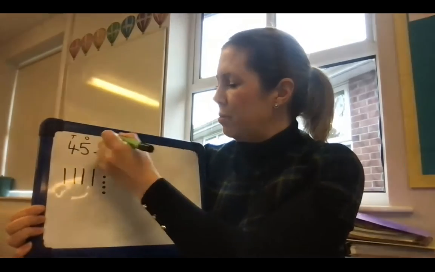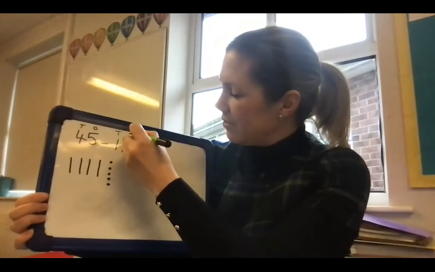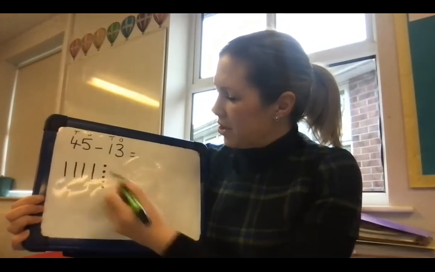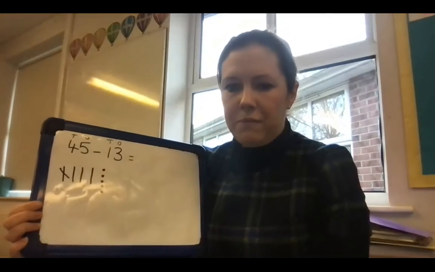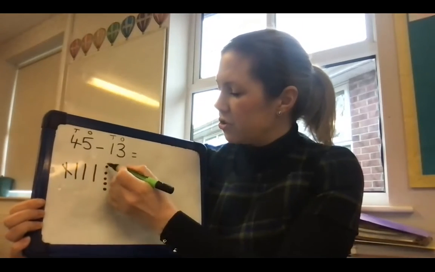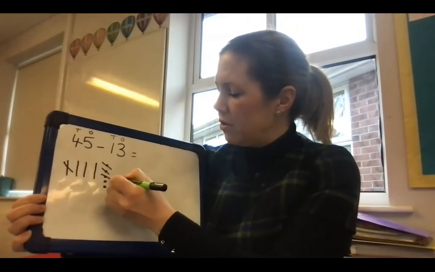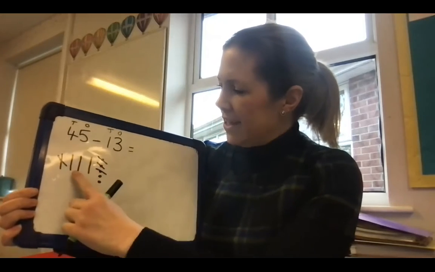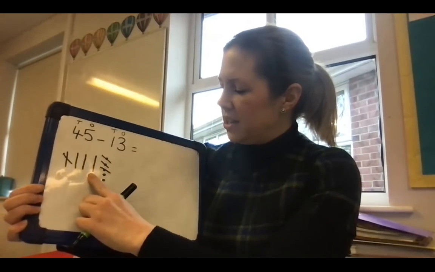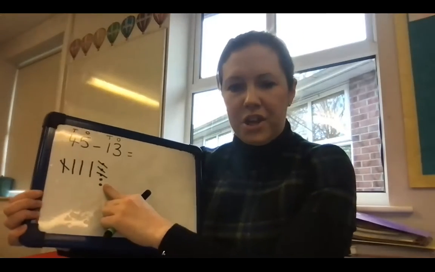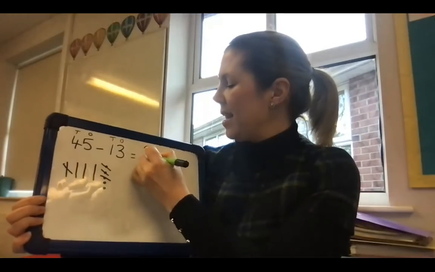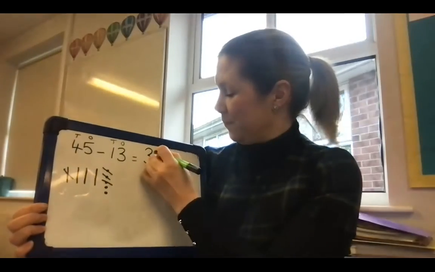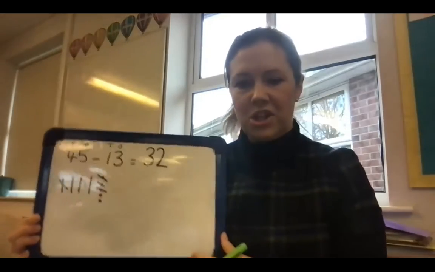So that's one group of 10 and 3 ones. So I'm going to take off the 10, and then I'm going to cross off 1, 2, 3 ones, which leaves me with 10, 20, 30, 31, 32 cupcakes left. So there'll be plenty left for my supper. Okay, so the answer is 32.